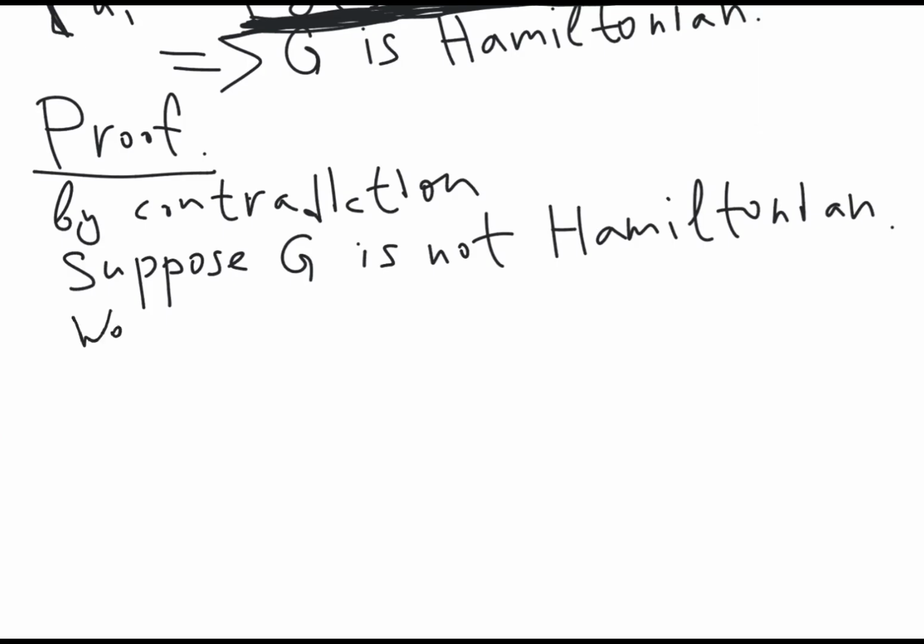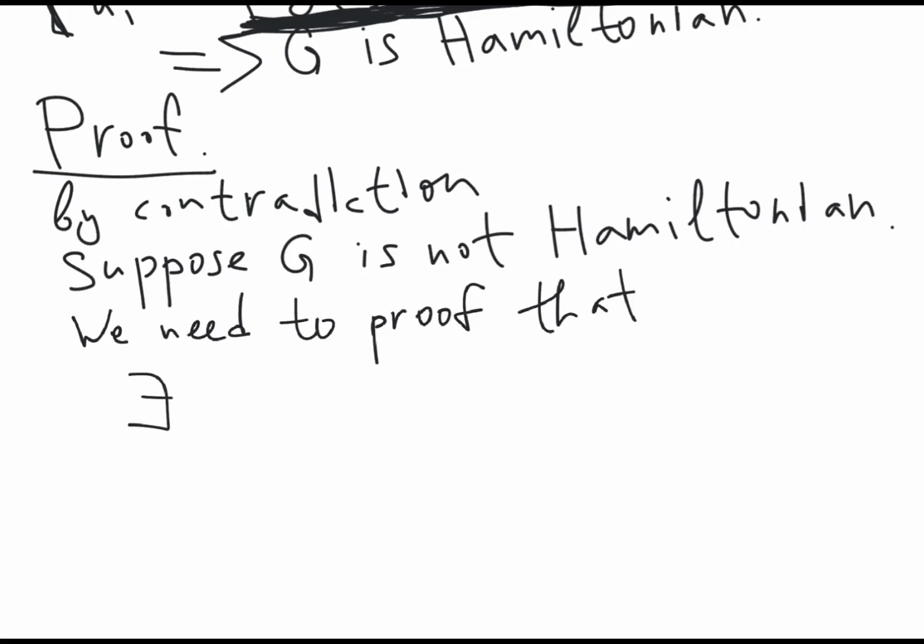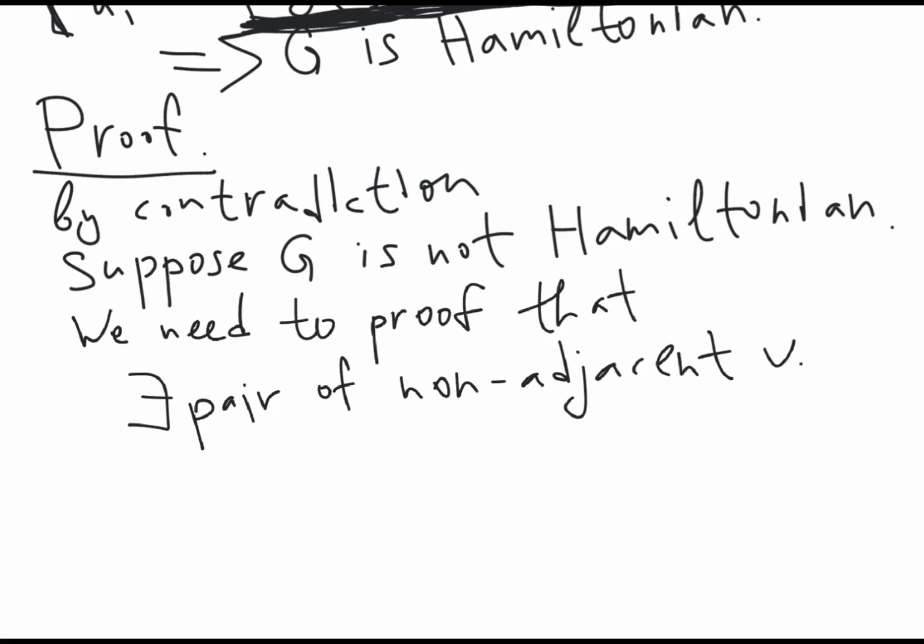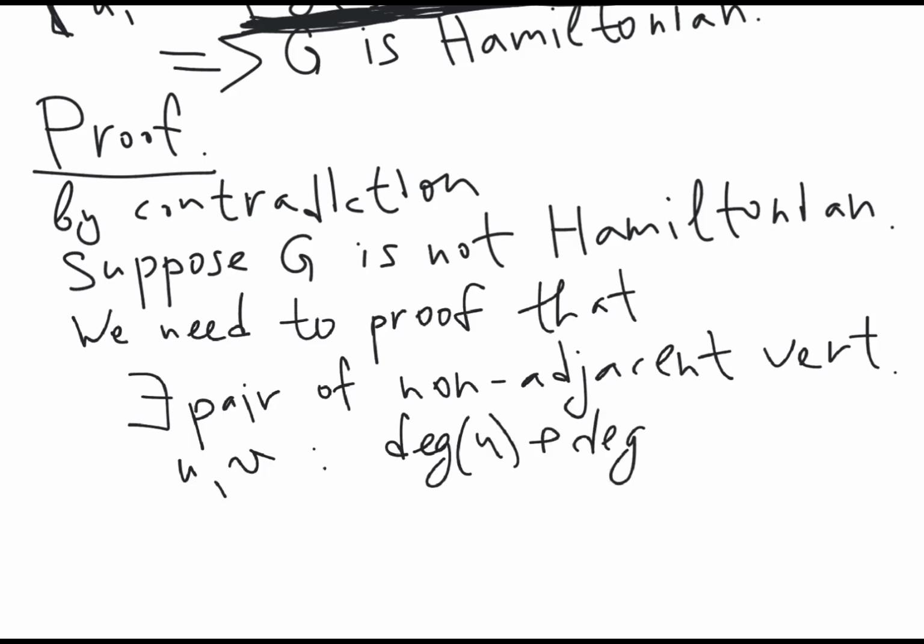We need to prove that there exists a pair of non-adjacent vertices u and v, such that the degree of u plus the degree of v is less than n.